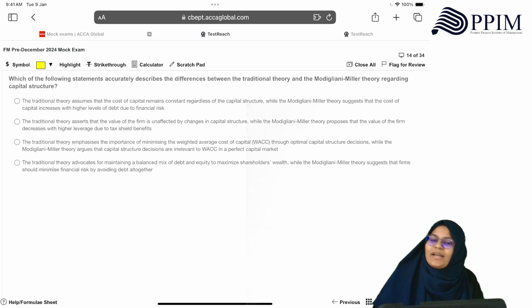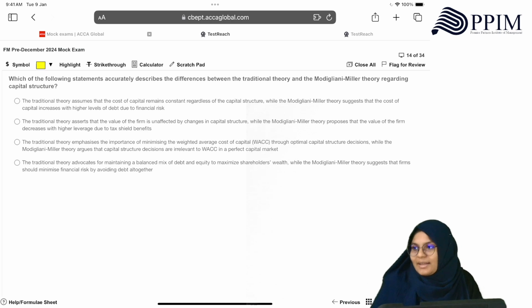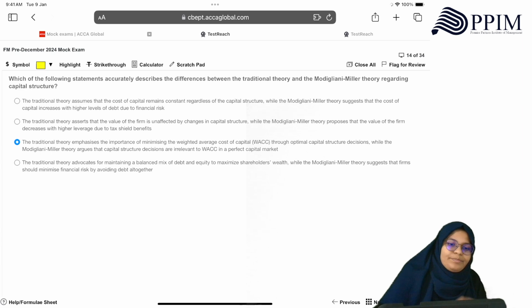Here they are talking about M&M without tax. Actually, M&M without tax, it said that the capital structure is irrelevant to WACC. Why? Because although cost of debt is cheaper, the cheaper debt will be counteracted by the fact that cost of equity will start increasing. Right, so what they are saying there is actually correct. It is irrelevant. Okay, so C seems to be the answer.